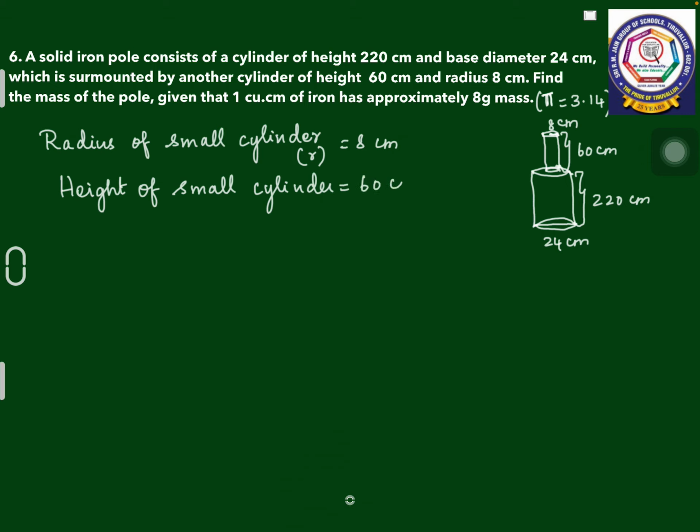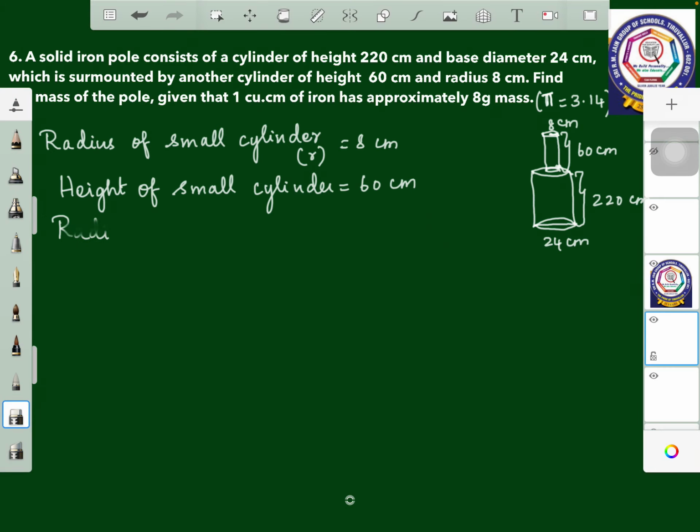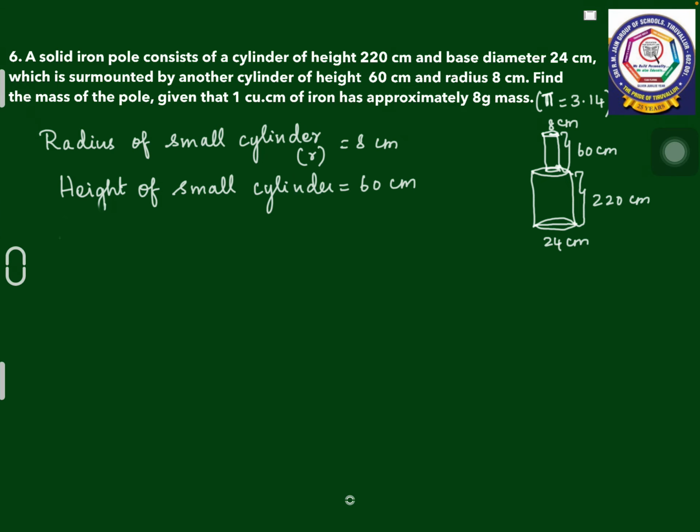The diameter of the big cylinder is given. From that we have to find the radius.